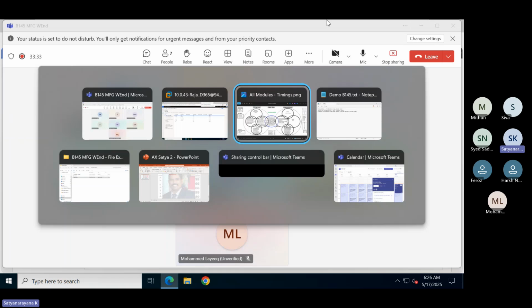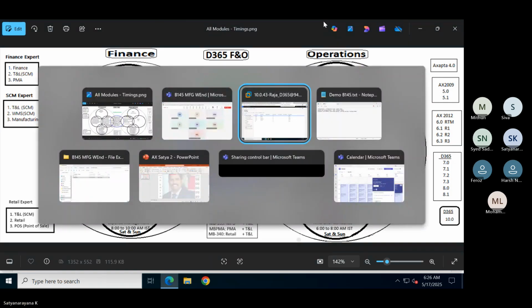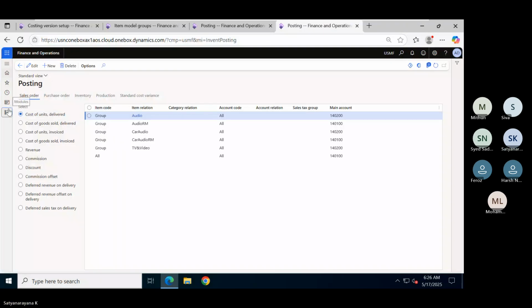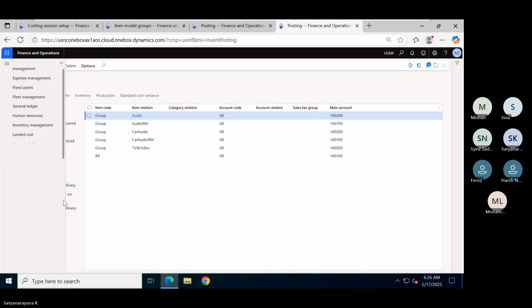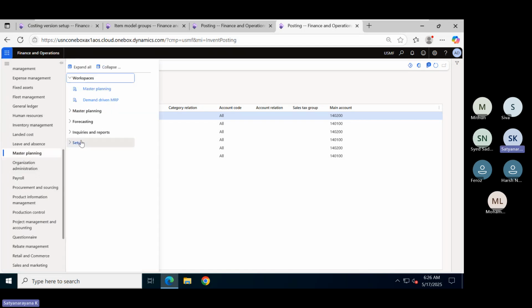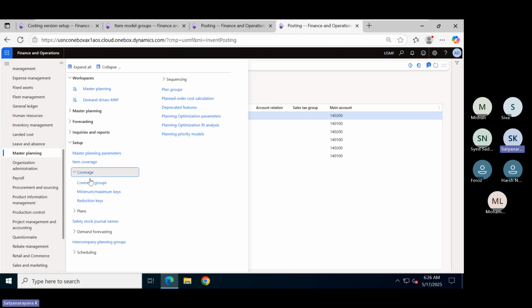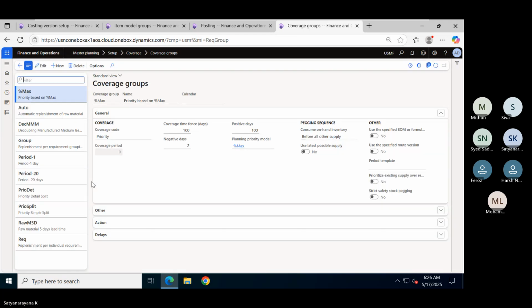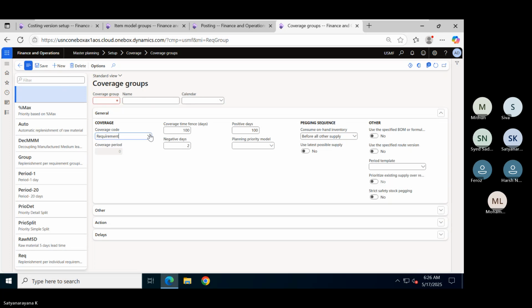Planning optimization means if you go to the application, master planning, setup, coverage groups, in this you will find priority and decoupling point. These two are designed for planning optimization. These are the new functionalities.